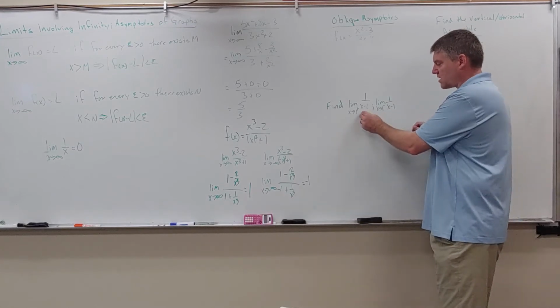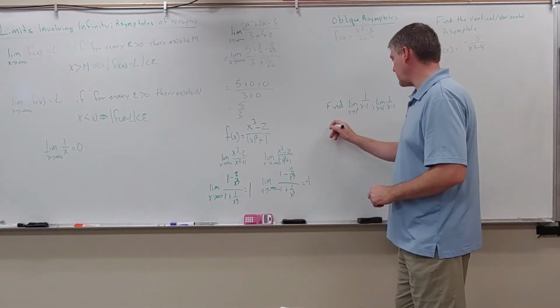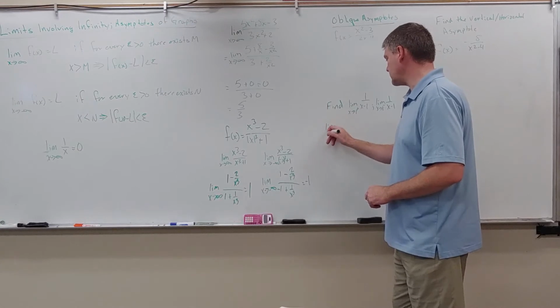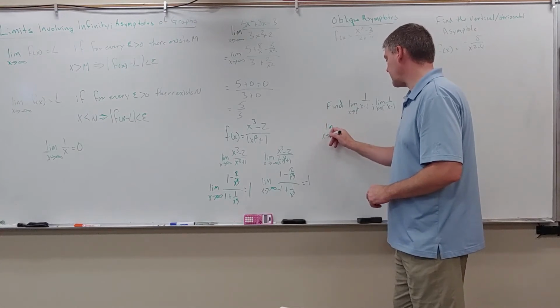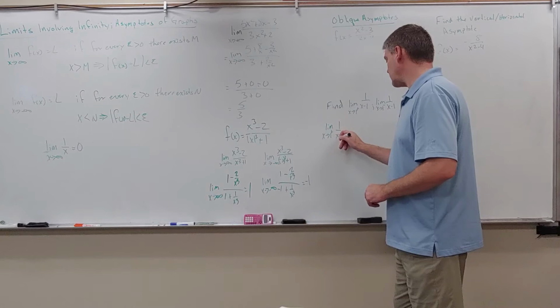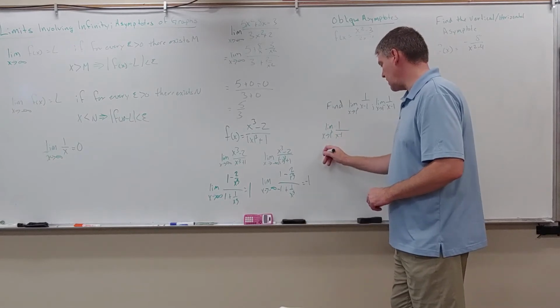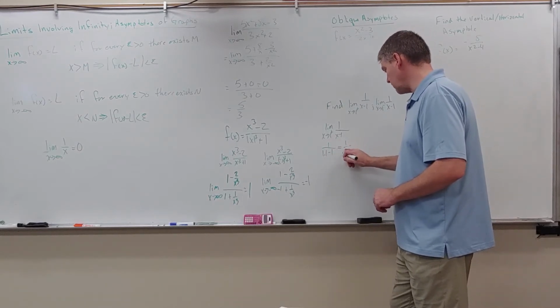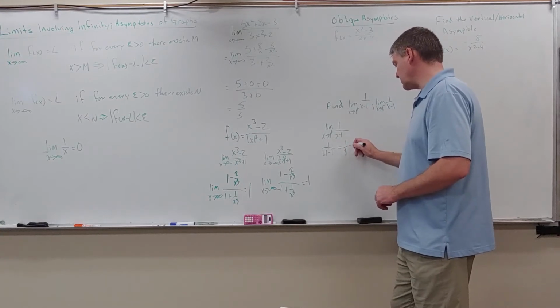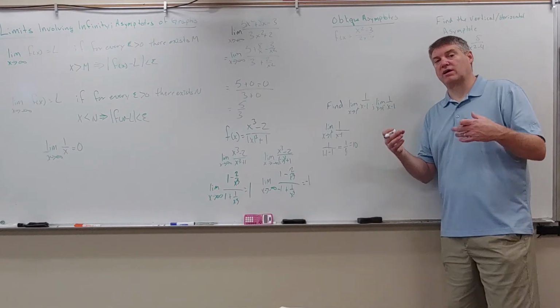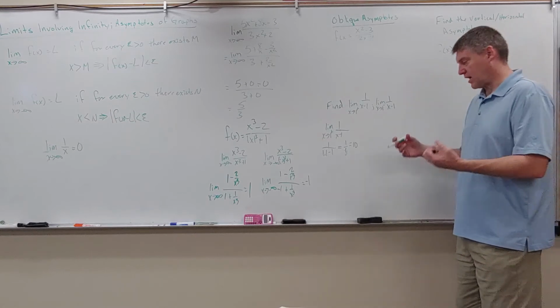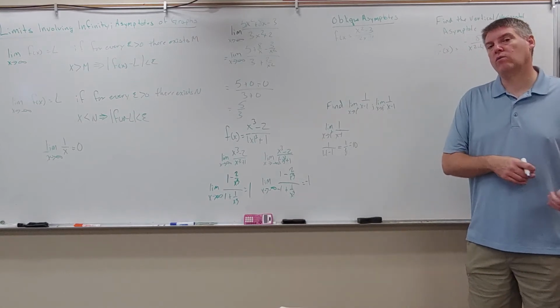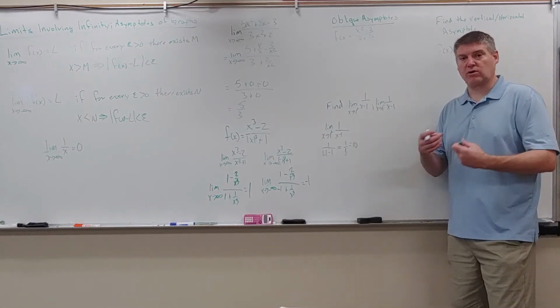I'm just going to plug in a value to give you an example. Let's say I plugged in 1.1. 1 over 1.1 minus 1 is 1 over a tenth, which gives us 10. If I plug in 1.01, it would give me 100. 1.001 gives me 1,000, and so on.